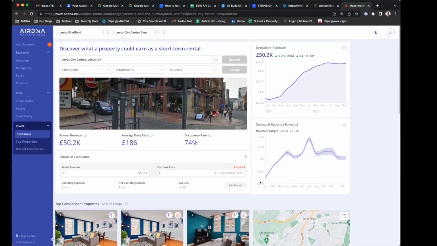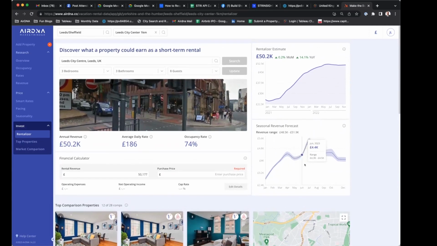And then you can see here on the right how that revenue has changed over time. So for me, this tells me in 2021 we would have said this property would have earned about 25,000 pounds, where today we're saying that's about 50,000 pounds. Wow. So a massive increase in performance over the past year.